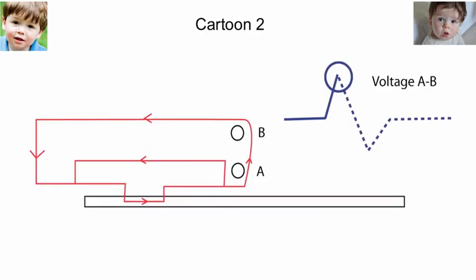In the previous cartoon, we were talking only about the excitation and current flow. Here we introduce some electrodes that are outside of this fiber to see what voltages one would measure there. So here the cartoon is picturing a situation where you have a voltmeter. The positive lead is going over here to A, and the negative lead is going over here to B. This is actually a pretty common recording setup.